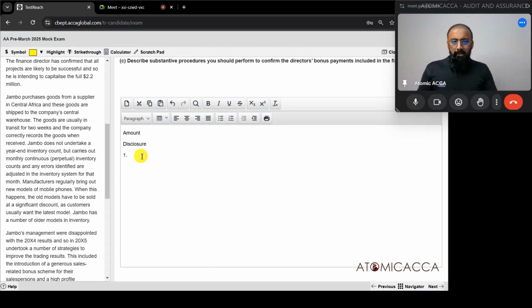Number one, let's go with the easier ones. Disclosure we had already talked about in the audit risk topic. So either you can copy paste from there and just modify the sentence, or else you can build the point over here in a simpler statement. What is the disclosure?